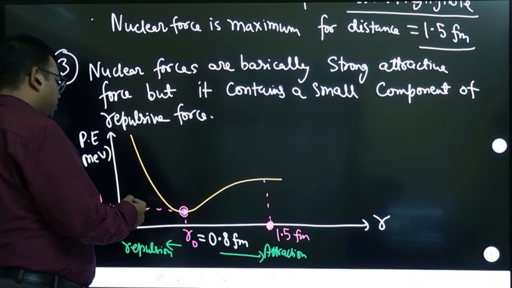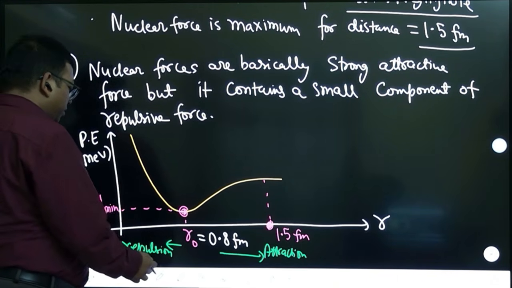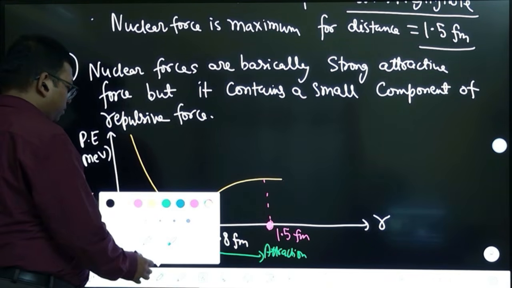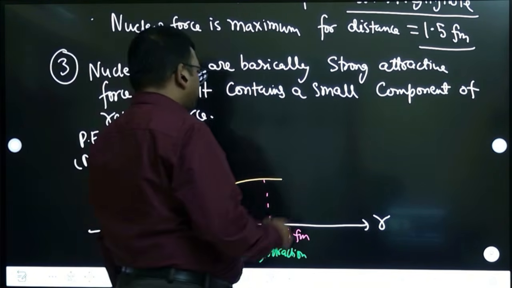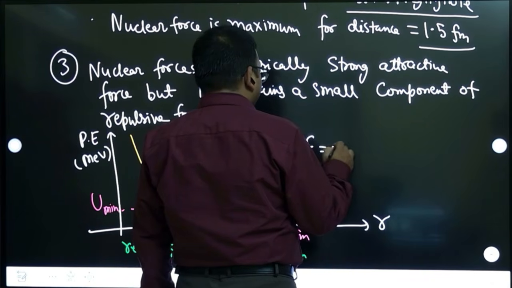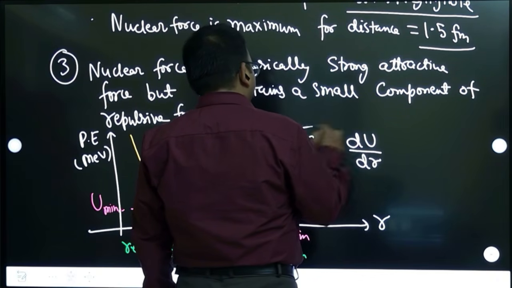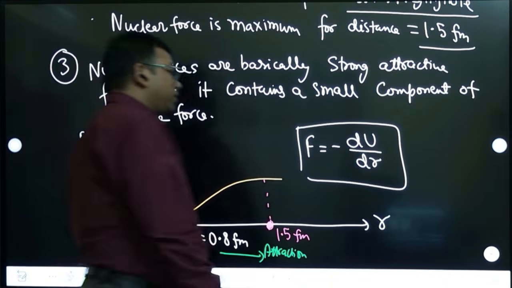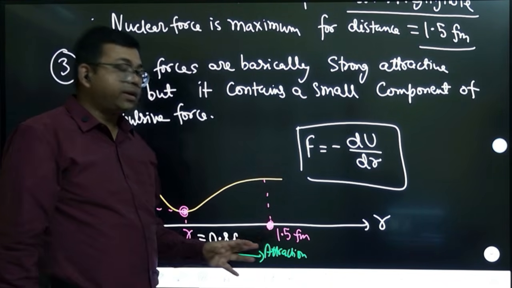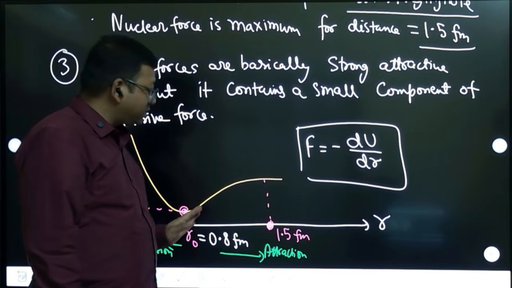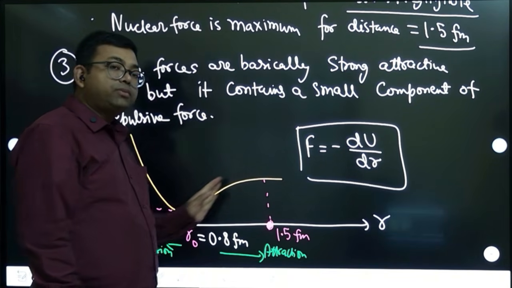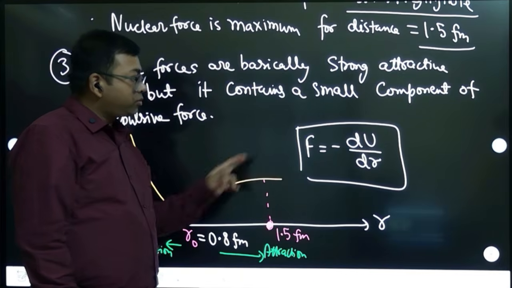So before this, forces will be negative. Why? Because if you remember, force is given as minus dU by dr. You remember that? So if the slope is positive, force will be negative, and negative force means attraction. You can see that here the slope of the graph is positive, so the force will be negative.